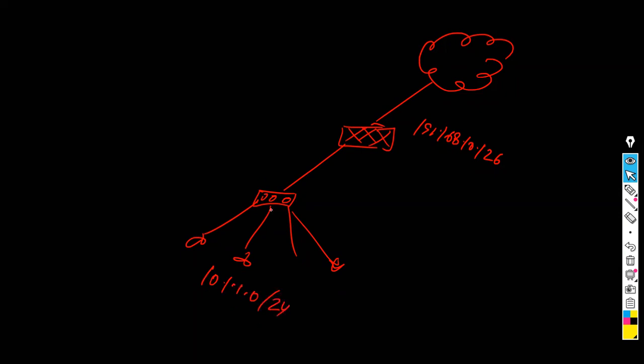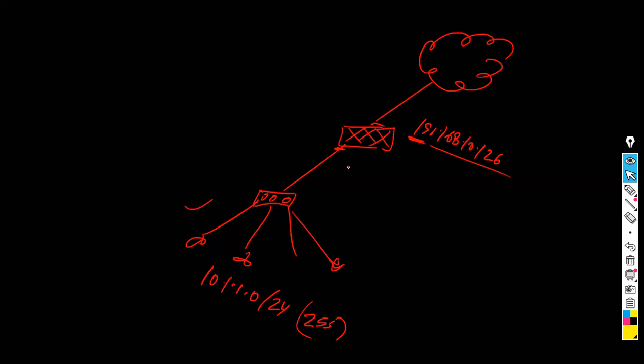You want to provide internet to this entire network. If you do a static NAT, you have one public IP address and, let's say, 255 users, so your entire network is NATed with this public IP address.